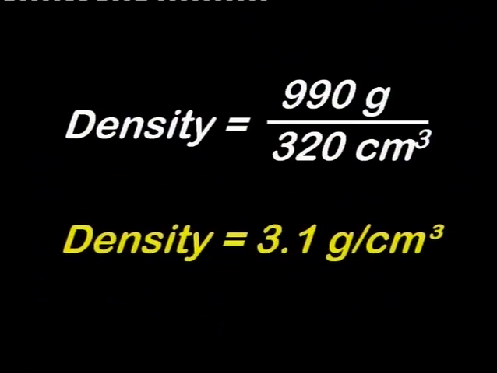So 990 grams divided by 320 cubic centimeters, the volume, the density is 3.1 grams per cubic centimeter. Yes? Good. All right, 3.1 grams per cubic centimeter.